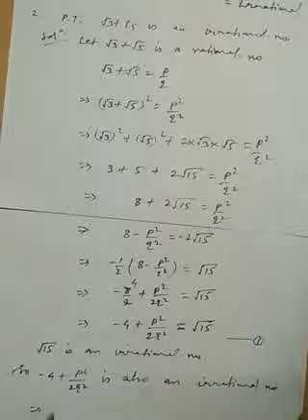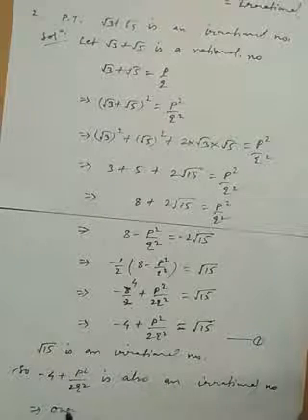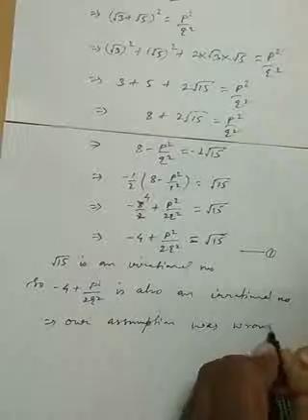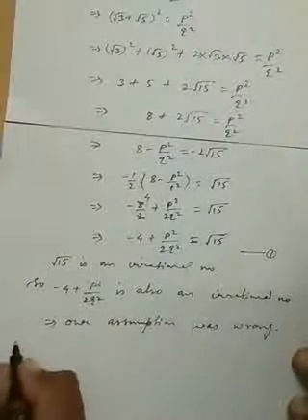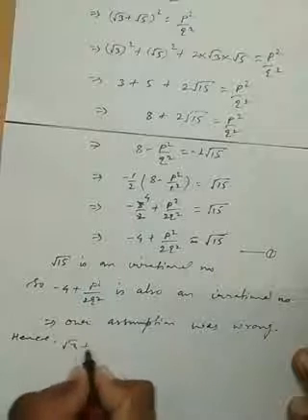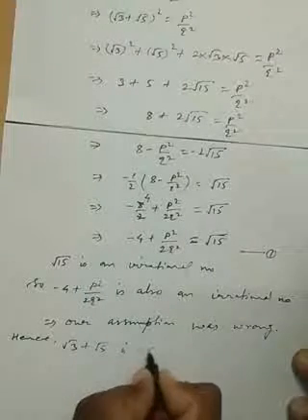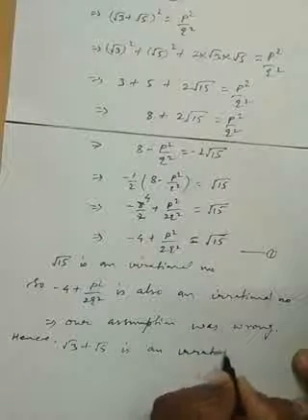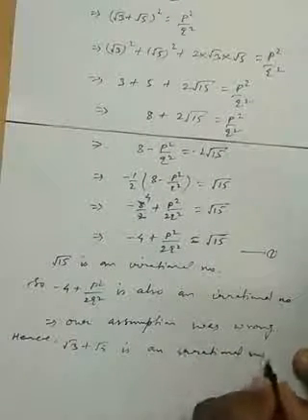So our assumption was wrong. So hence √3 + √5 is an irrational number.